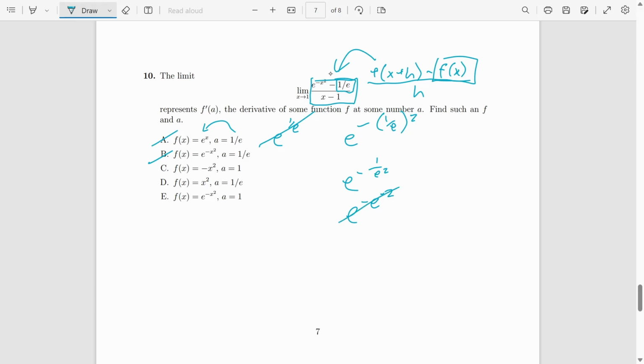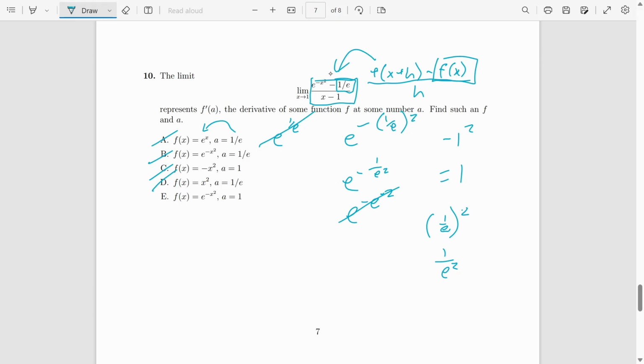C, negative x squared equals 1, so that's just negative 1 squared, which equals 1. That doesn't equal 1 over e at all. D, x squared and 1 over e, so that's just 1 over e squared. Nope, that's a power too great.